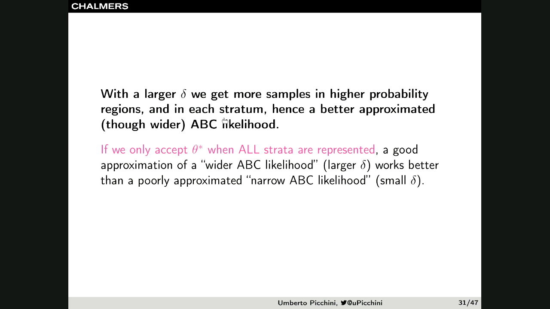How can this work if I use a wider and therefore more imprecise ABC likelihood? Well, the trick is to only accept the theta when all the strata are represented. You need at least one sample in each stratum, okay? And this can be done if you use resampling, because you can cheaply resample many, many times, so to have many samples and hopefully one falling in each stratum. It's important that you have a sample in the most inner stratum.